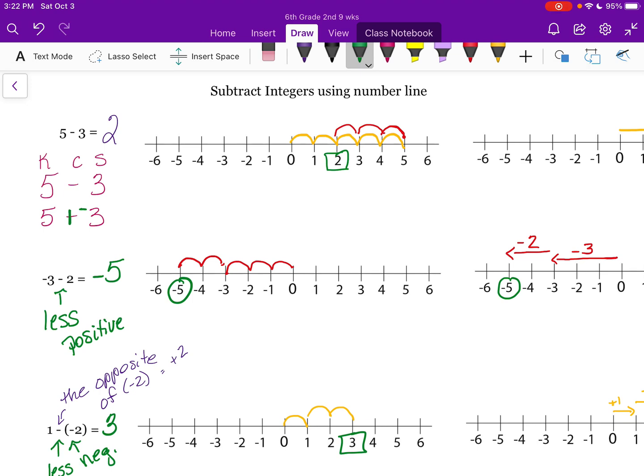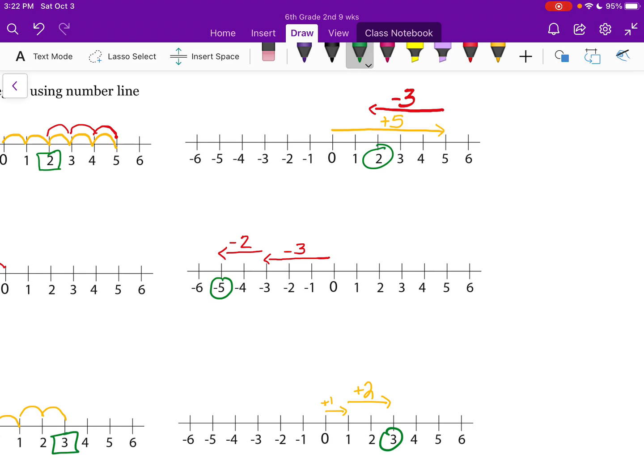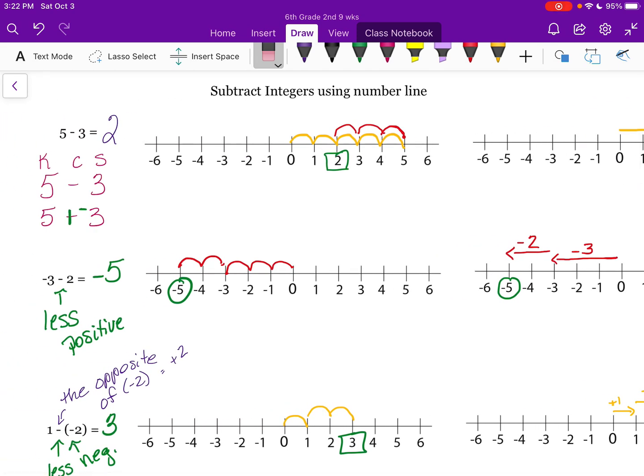So the opposite of +3 is a -3. And if we look at this number line, we can very clearly see here that we have +5 and -3, and we combine them together to get the 2. Right? So we just follow the add rules once we get here. 5 positives and 3 negatives gives us 2.